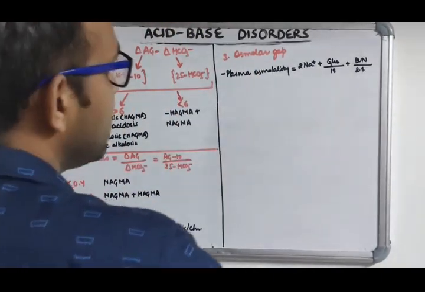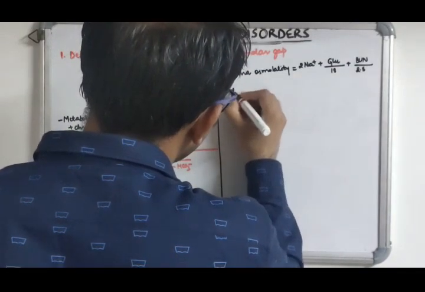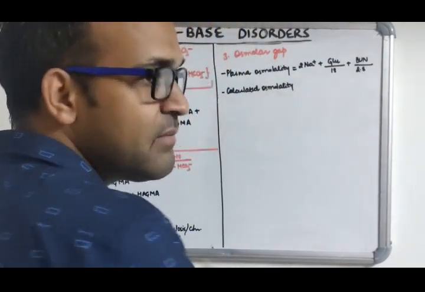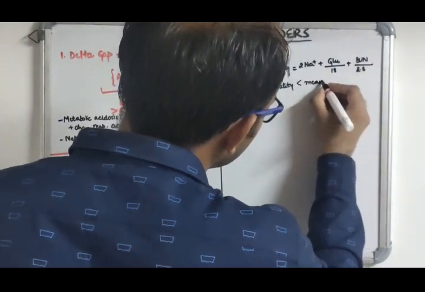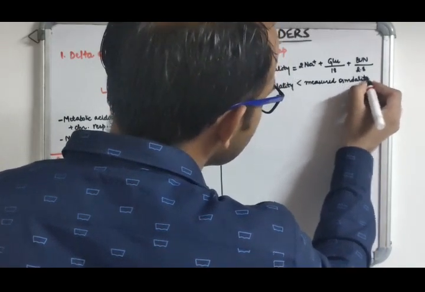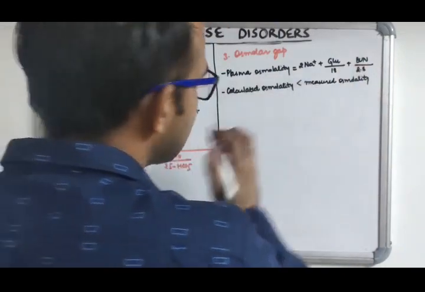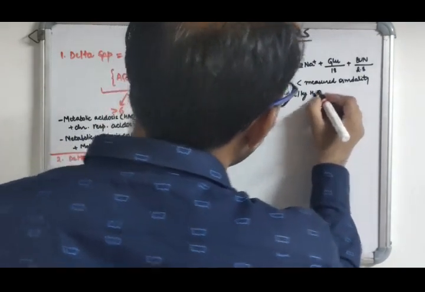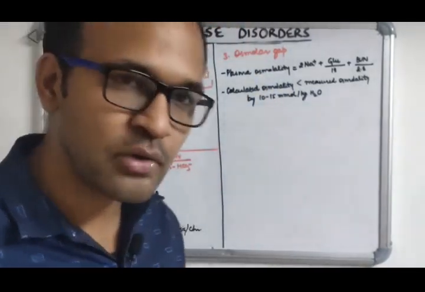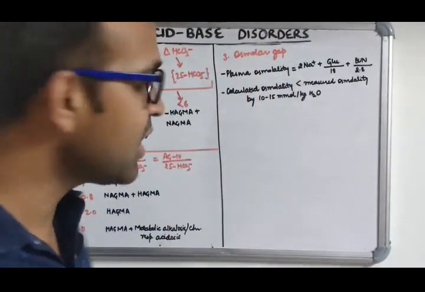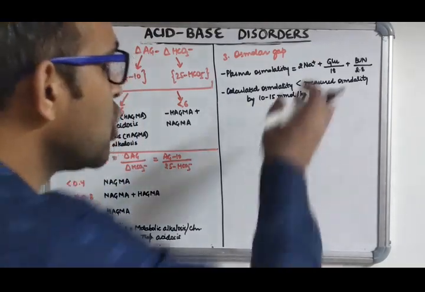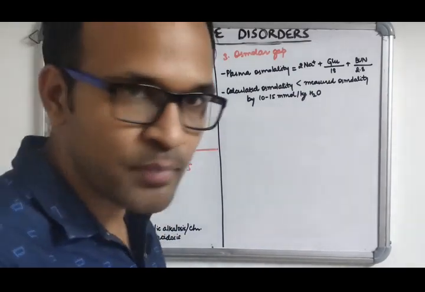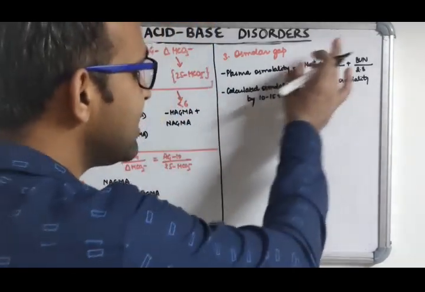But if this calculated plasma osmolality is less than the measured plasma osmolality by 10 to 15 millimoles per kg of water, so if this difference, measured osmolality minus calculated osmolality, is more than this, that suggests that either the sodium level is spuriously low, like in patients of severe hyperproteinemia or hyperlipidemia, or there is accumulation of osmolytes other than these three osmolytes.